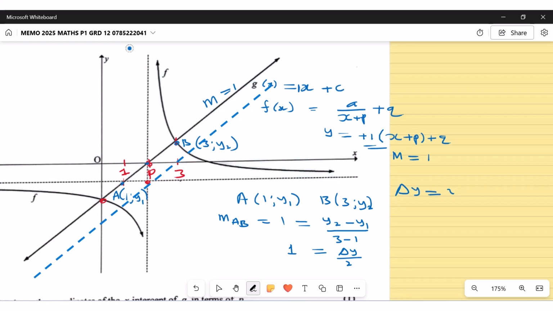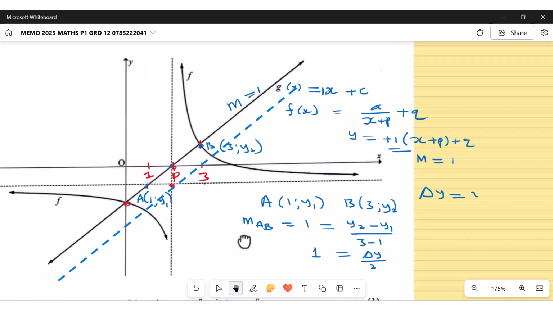Now the change is from point B up to this point here, but this is point A. I want my change in y. This arrow in red is our change in y, which equals 2.